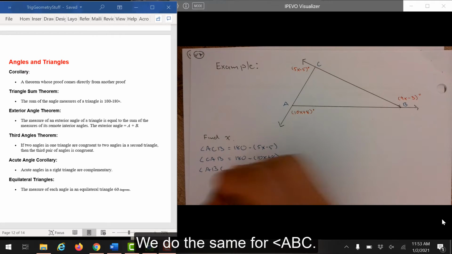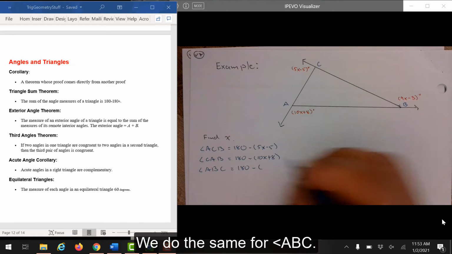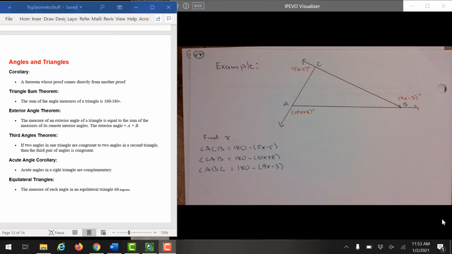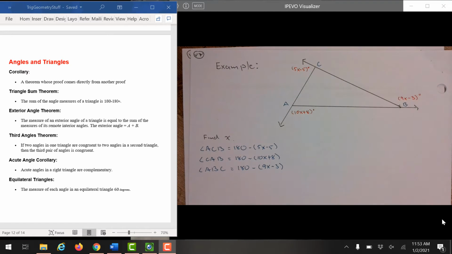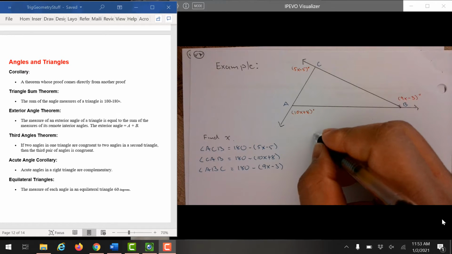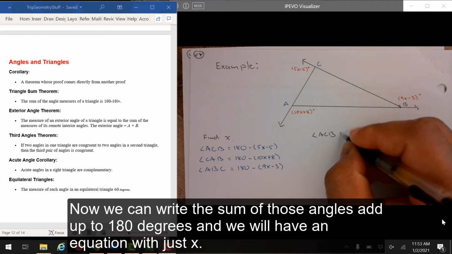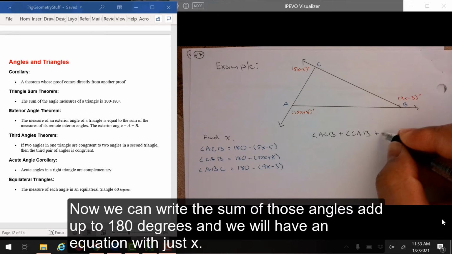We do the same for angle ABC. Now we can write the sum of those angles add up to 180 degrees, and we will have an equation with just x.